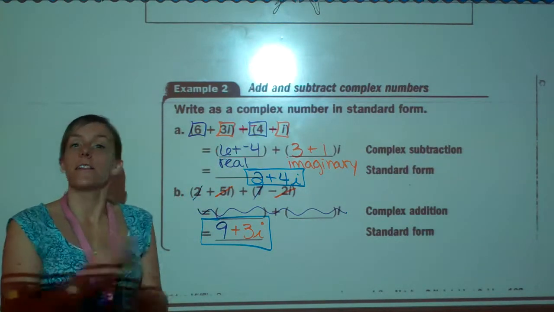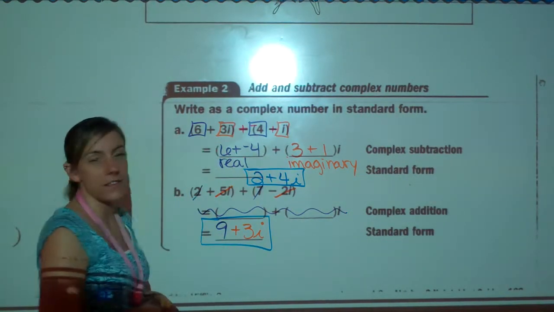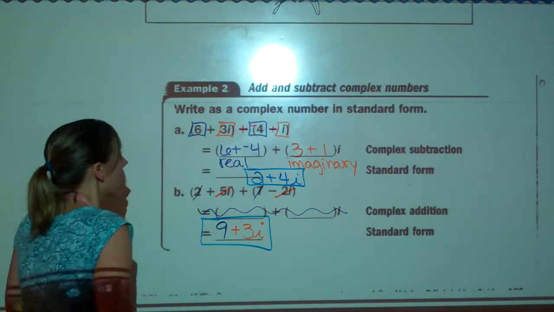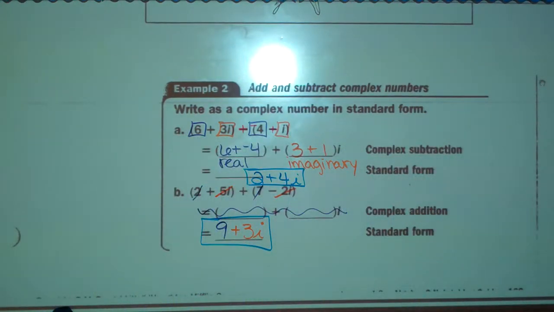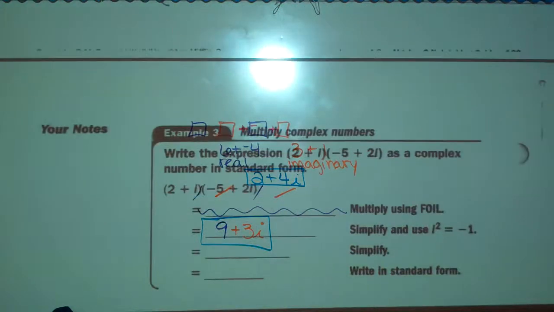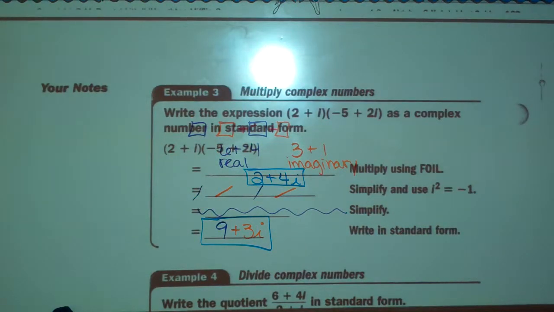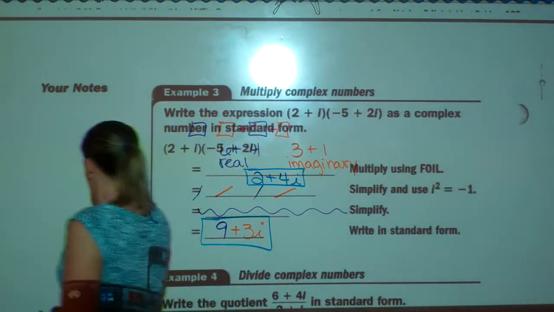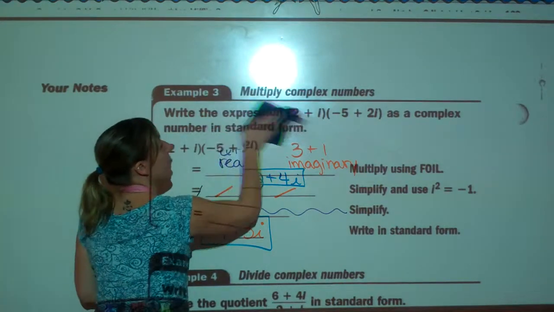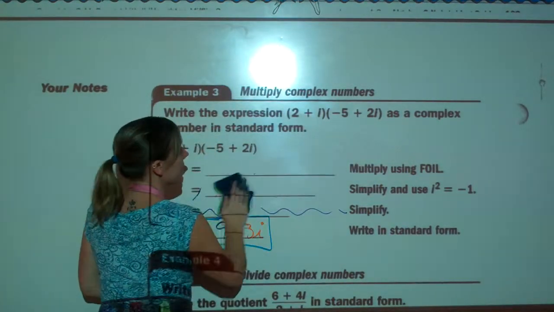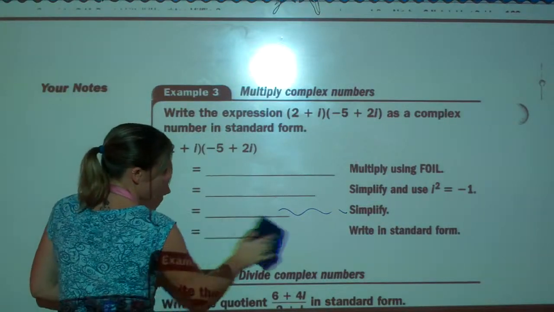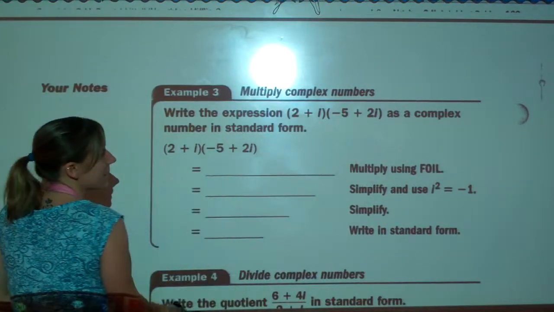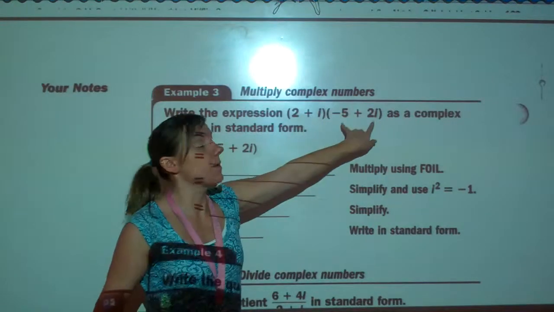Multiplication has some similarities. It's actually going to take us back to polynomials like we did before. So let's look at the next page. Okay? So you do want to relate it to what we already know about polynomials. This is why we've done polynomials, okay? We have a binomial times a binomial.